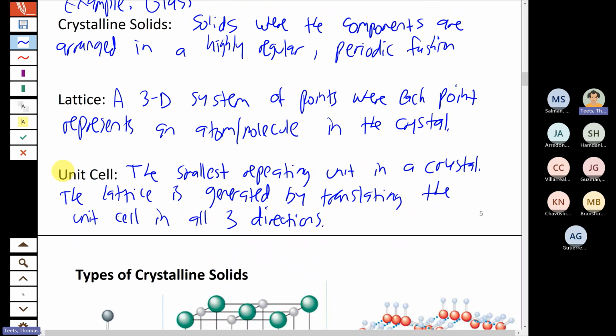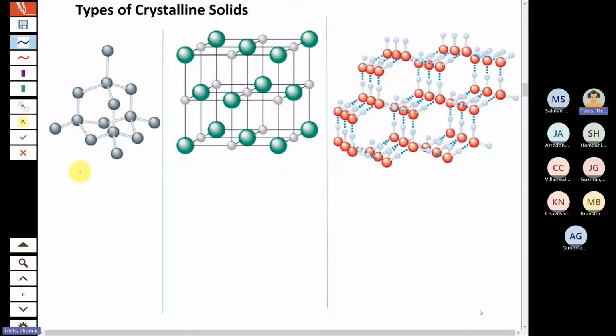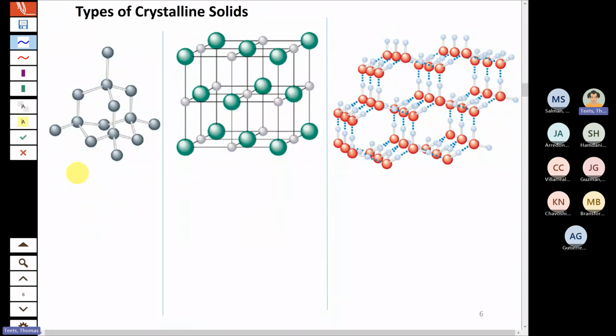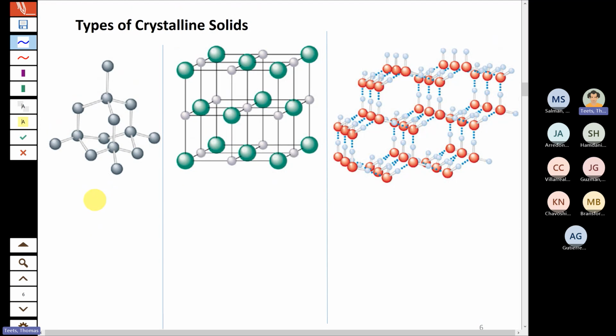Now, within crystalline solids, there's a few different subcategories that will come up. So one is called an atomic solid, and really the types of crystalline solids are defined in terms of what kind of substance they comprise. So if you have an atomic solid, as the name suggests, that means the lattice points are only made up of a single type of atom.